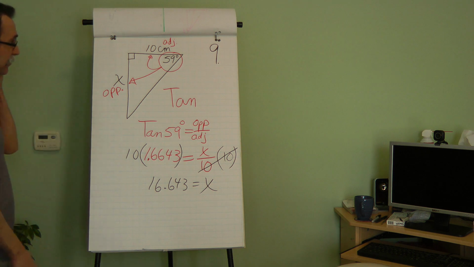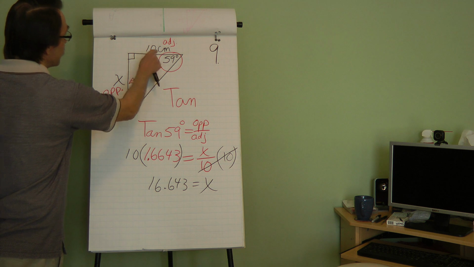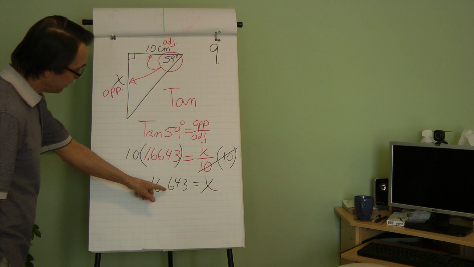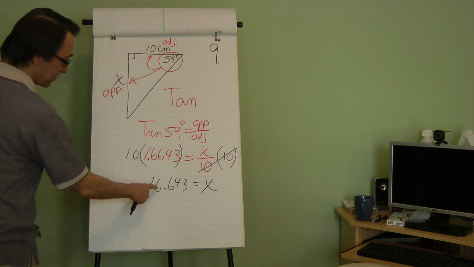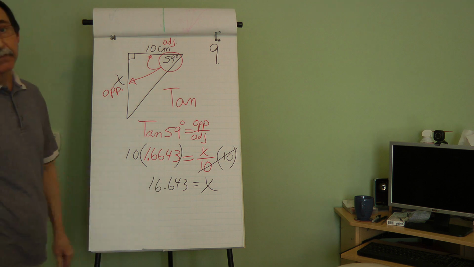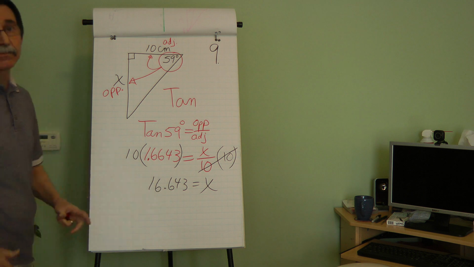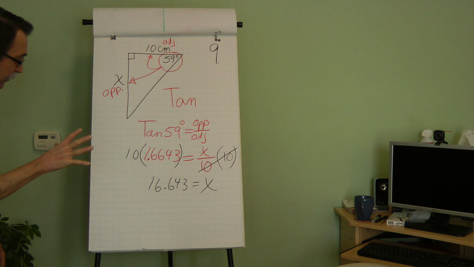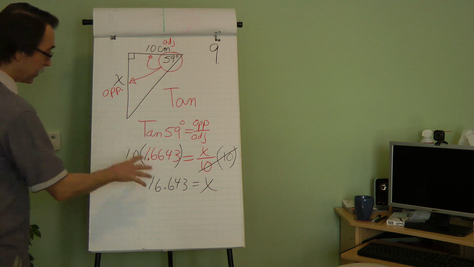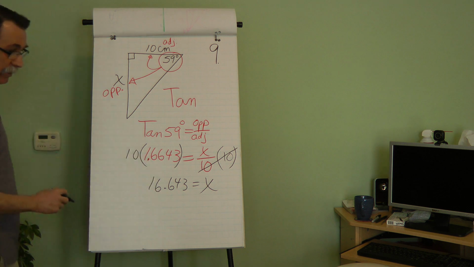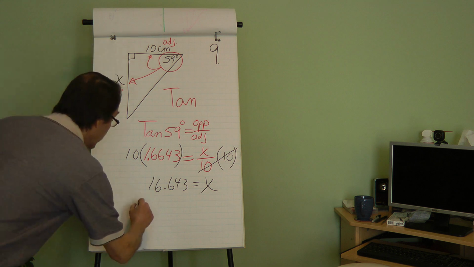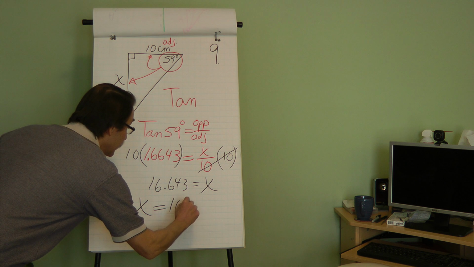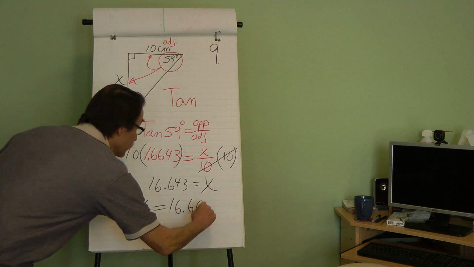So it would make sense that if this is rounded to the nearest whole number, I would at the very most express this answer to 1 decimal place. In science there's all sorts of sig fig rules and whatnot. I'm not going to get into those right now, but a reasonable answer would be x is equal to 16.6 centimeters.